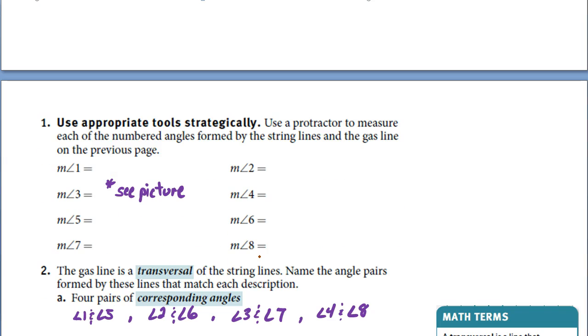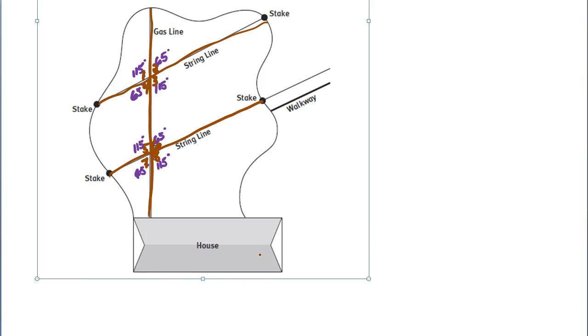The next question is use a protractor to measure each of the numbered angles formed by the string lines and the gas line on the previous page. And so I actually measured them already and wrote the measures in purple. 4 of them are 115 degrees and the other 4 of them are 65 degrees.